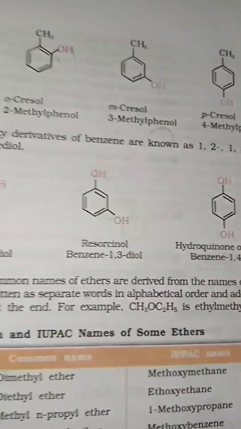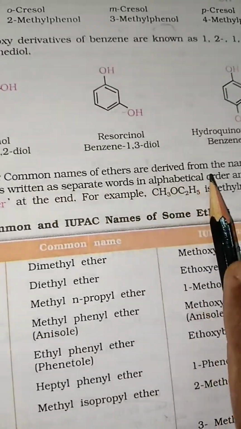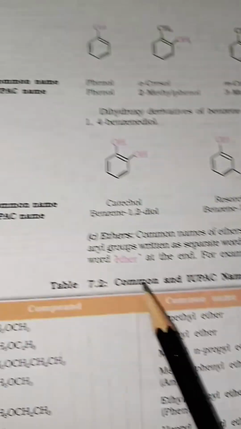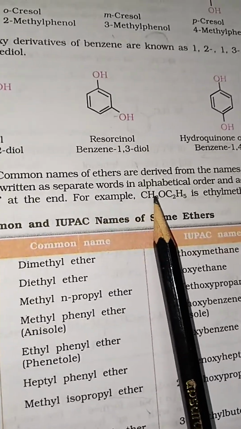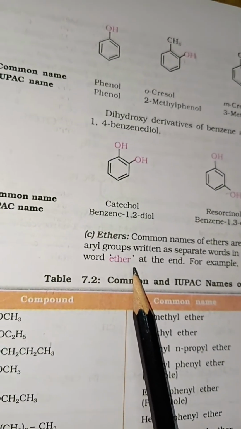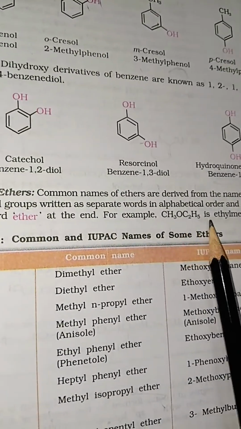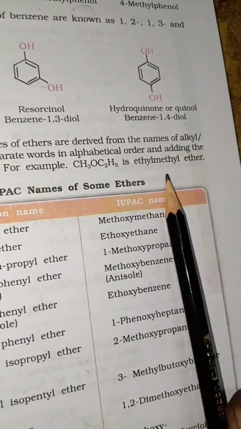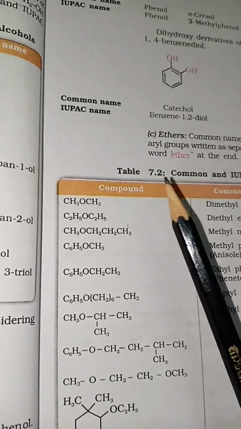Next is ether. Common names of ethers are derived from the names of the alkyl or aryl groups written as separate words in alphabetical order, adding the word ether at the end. Example, CH3OC2H5 is ethyl methyl ether. So we can see the common name and IUPAC name of some ethers.